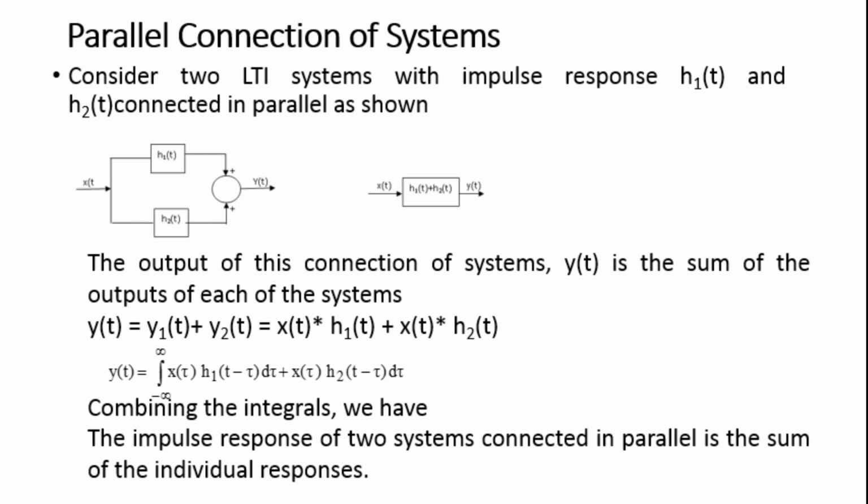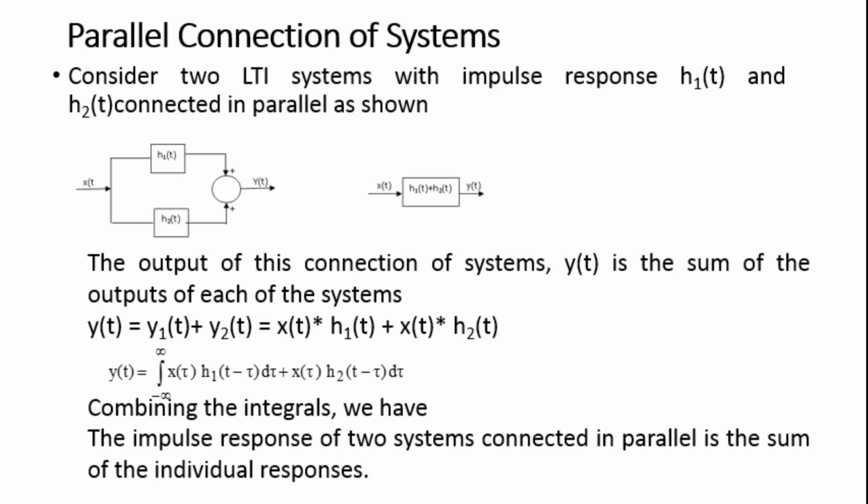The output of this connection of systems, y of t, is the sum of the outputs of each system, as shown in the second diagram. X of t is the input and the output is y of t. Then y of t is equal to y1 of t plus y2 of t, which is equal to x of t convolution with h1 of t plus x of t convolution with h2 of t.